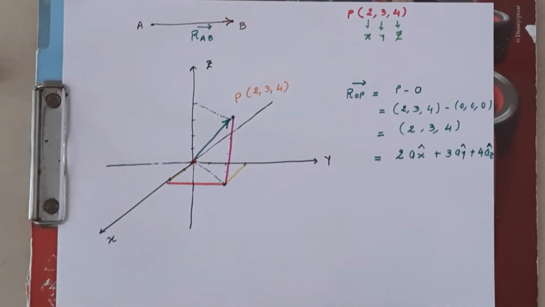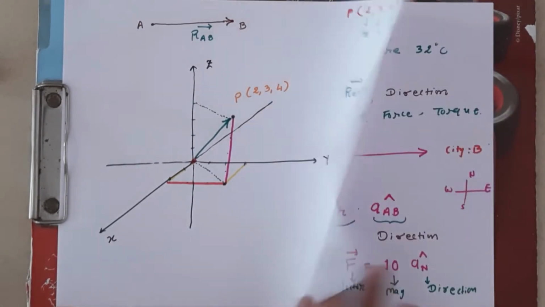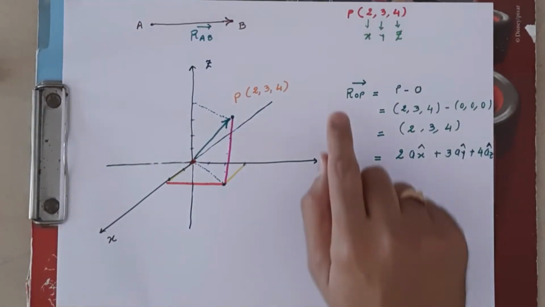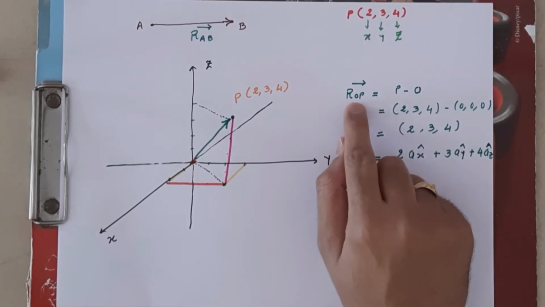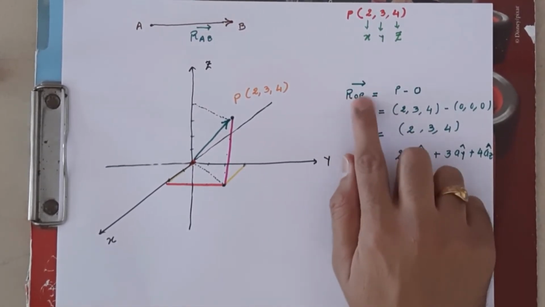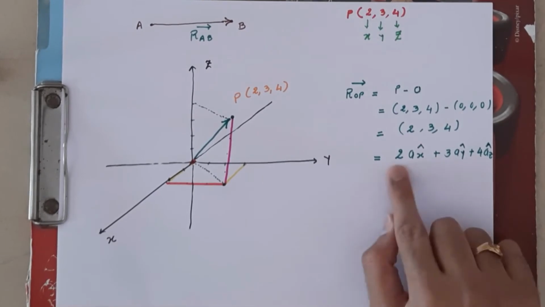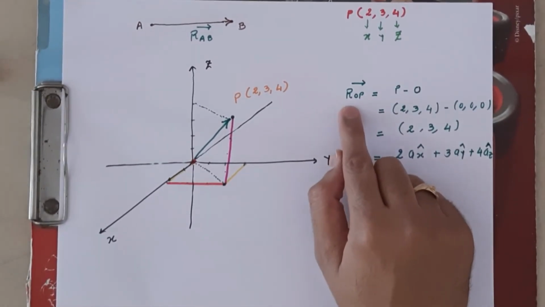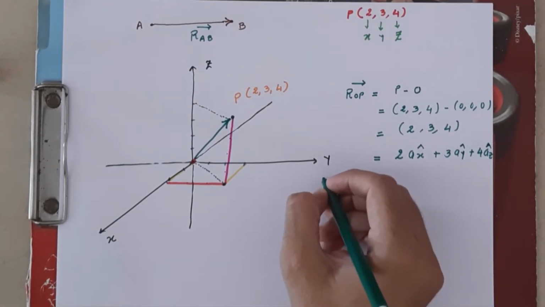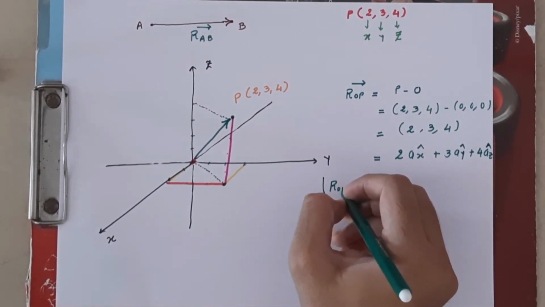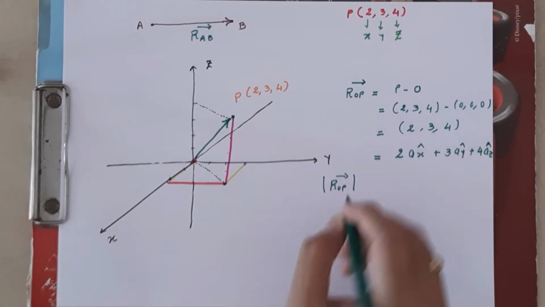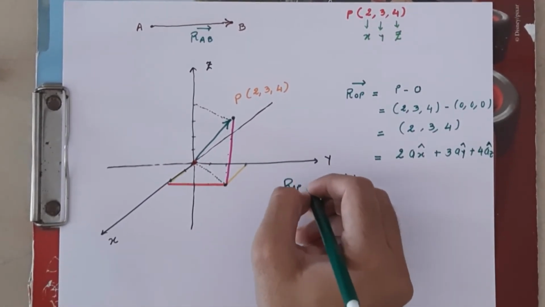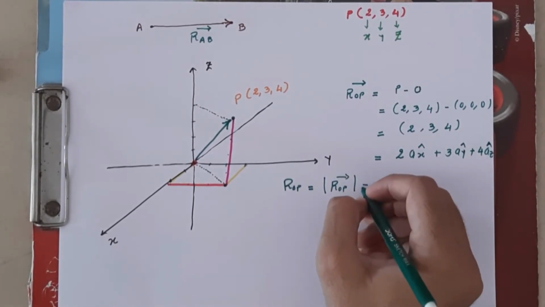As we know, any vector quantity has a magnitude as well as a direction. So here R subscript OP is one type of vector quantity, and this is the value of this vector. Now how do we find the magnitude of this vector? You can write it in this way, or simply write ROP, which also indicates the magnitude of this vector quantity.